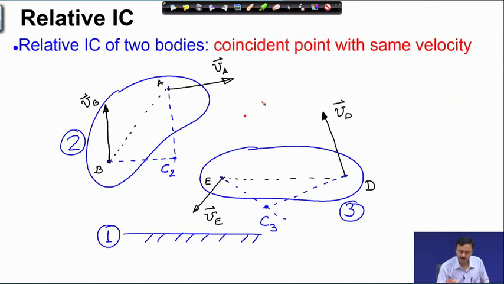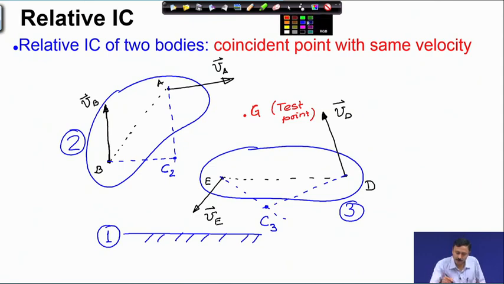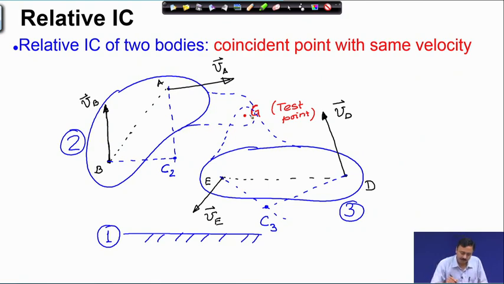For example, I take this point, let us say this is a test point, let me call it G. I want to know whether in the extension of body, if I extend this body 3 and I extend this body 2, G can now belong to body 2 or body 3.